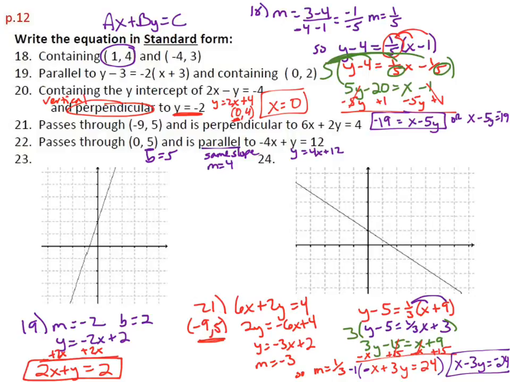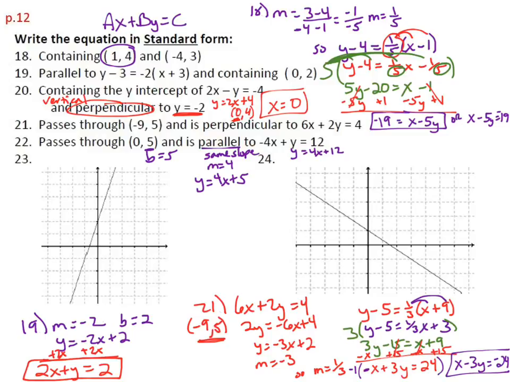So this one isn't too bad. I can see that I'm going to have y = 4x + 5. And that is for number 22. But that's not in standard form, is it? So we want to put that one into standard form. Not too hard to do.